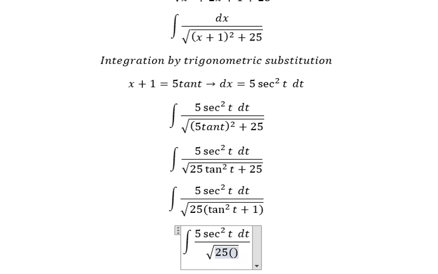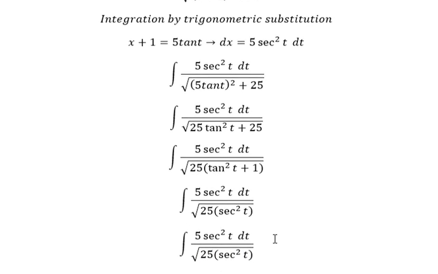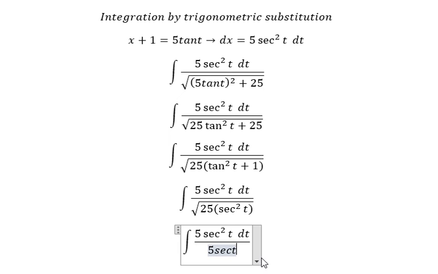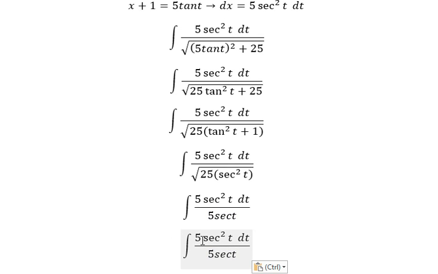This one you get secant of t squared. The square root of this one, you get 5 secant of t. Now we need to simplify the numerator and denominator.